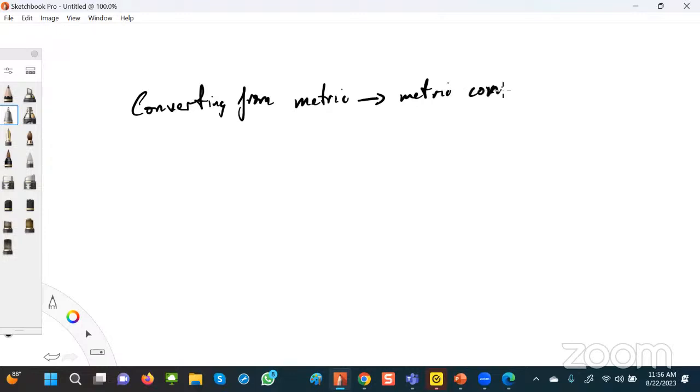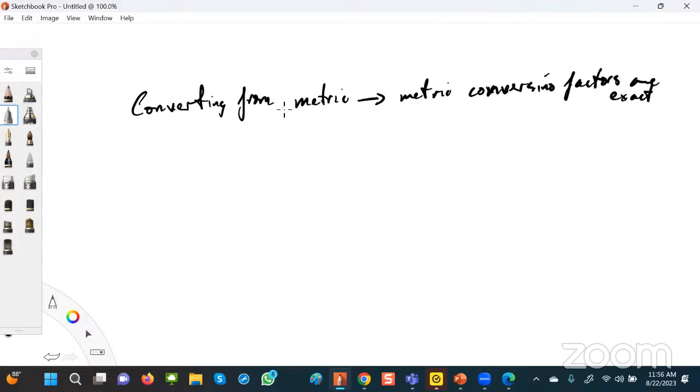If you're converting from a metric unit to a metric unit, then all the conversion factors are exact, all right?